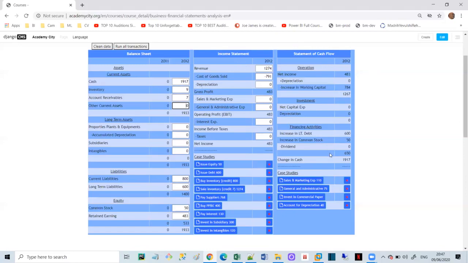In other words, the statement of cash flow is another way to present the same information that already exists in the income statement and in the balance sheet. That's a good sentence to repeat: the statement of cash flow represents information that already exists in the balance sheet and the income statement.